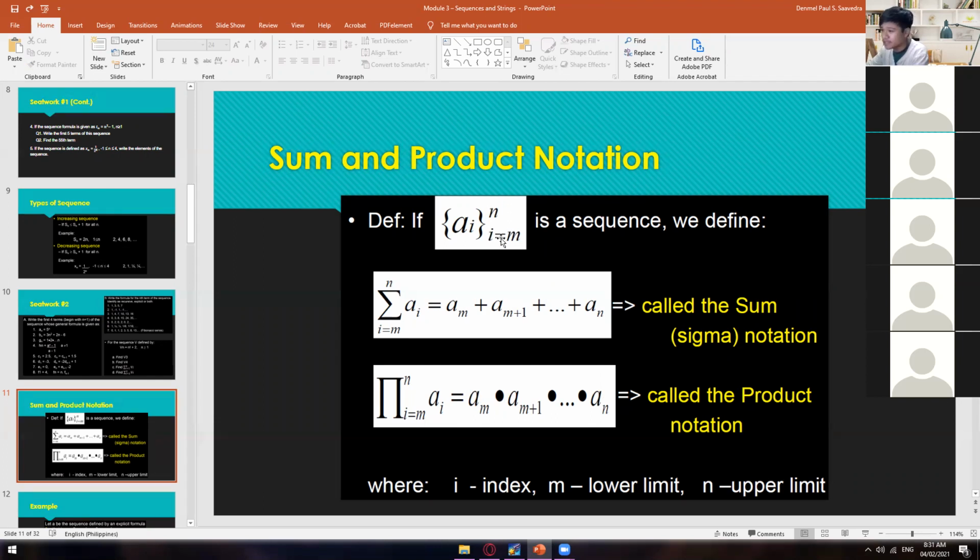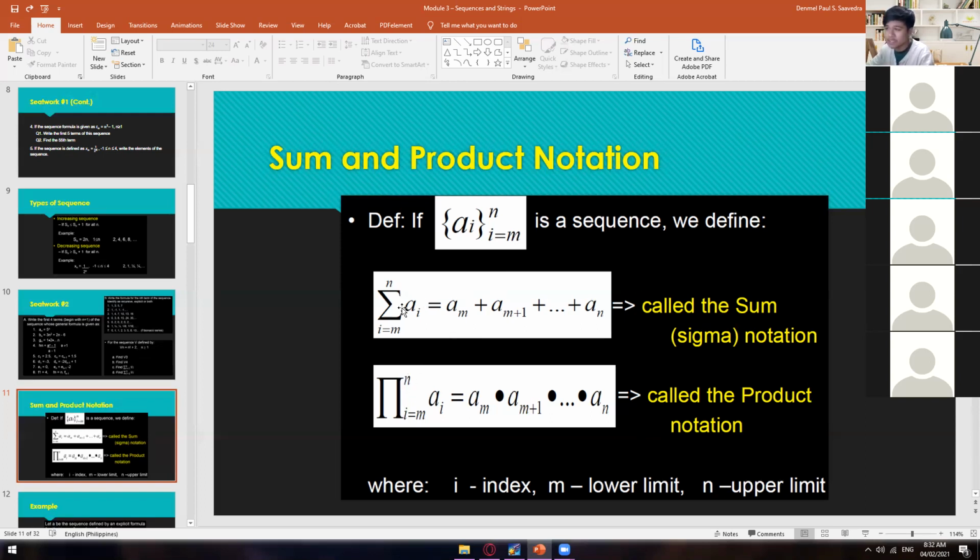So i here is the index, which always starts at the lower limit. For example, this one is ranging from 1 to 20. So your m here is equal to 1, the lower limit, and n is the upper limit, which is 20. Meaning, you have to get the sum of 1 to 20, or you have to get the product of 1 to 20.